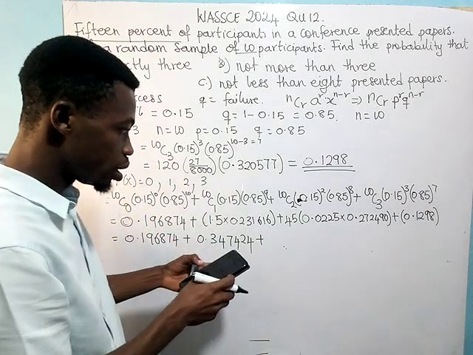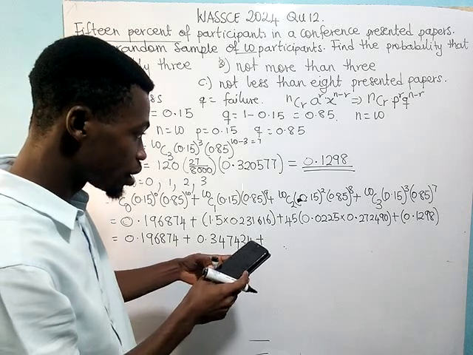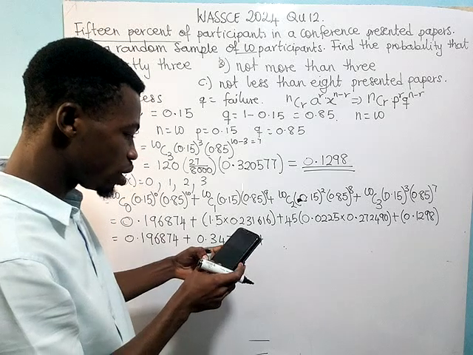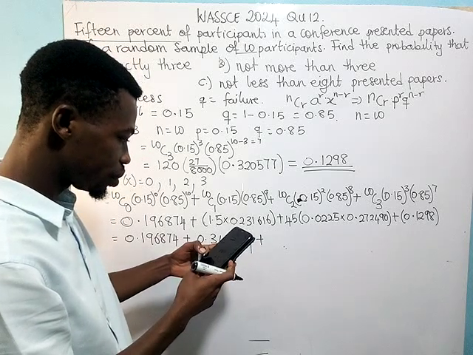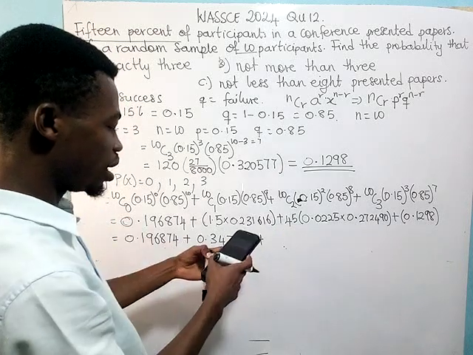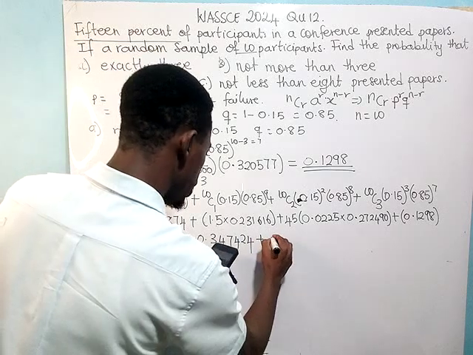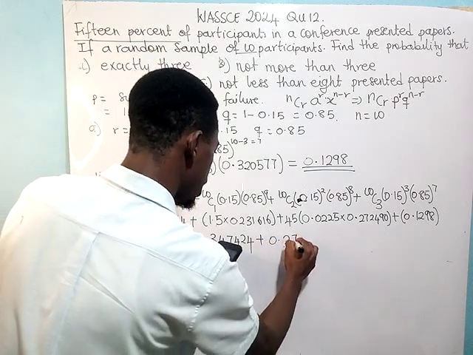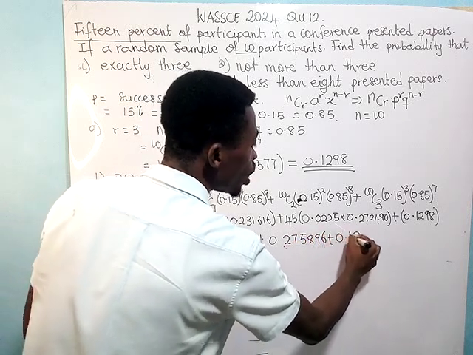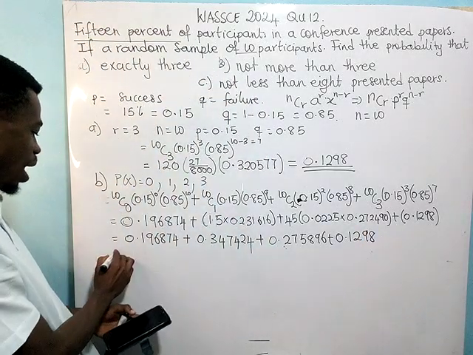Then 0.0225 times 0.272490, multiplying 45, gives 0.275896, plus 0.1298.